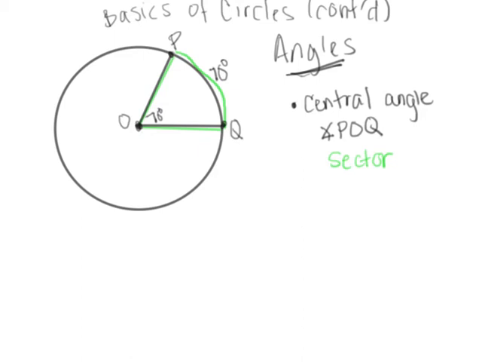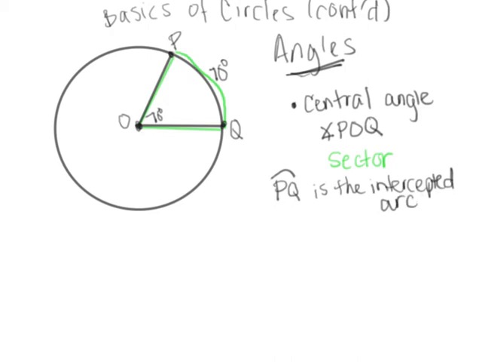The arc PQ is what we call subtended, or is the intercepted arc. So I'll write that down just so that you can see that. Arc PQ is the intercepted arc.